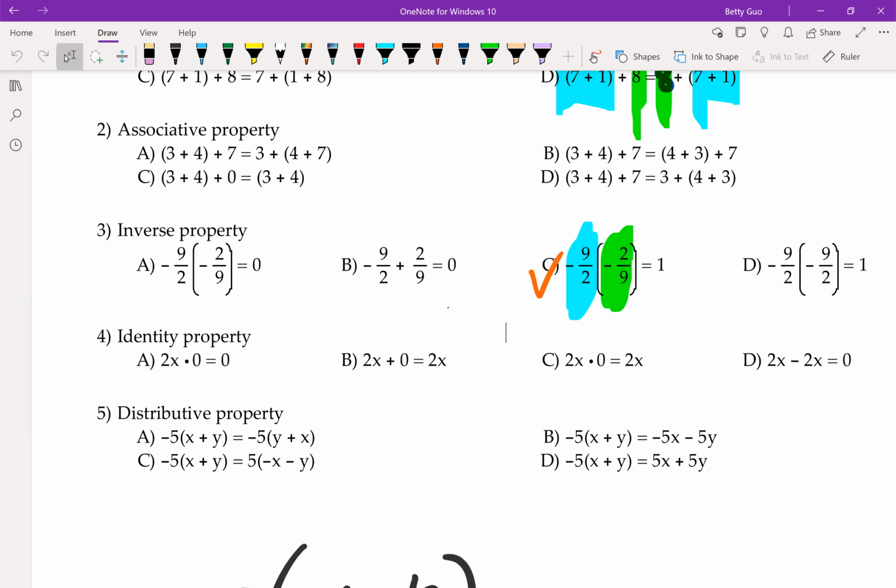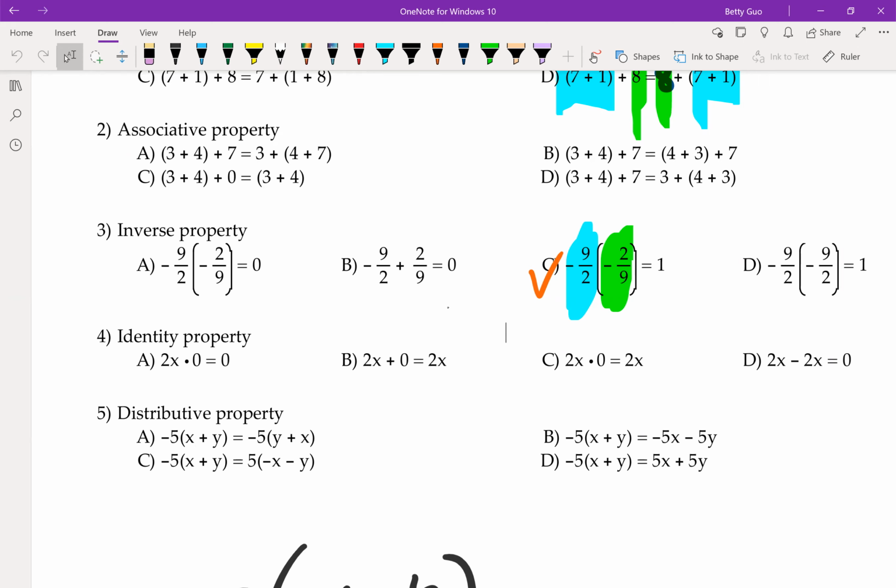D is a false statement because the left-hand side is negative, the right-hand side is positive. The equation itself is false. I want you to please work on those 5 problems because they are very important for the test.